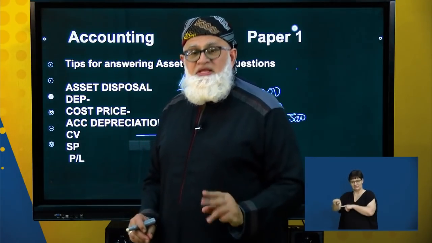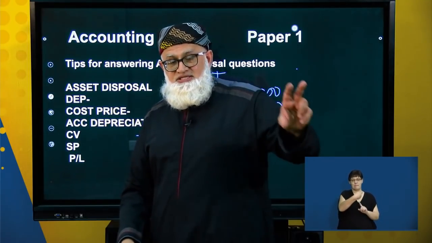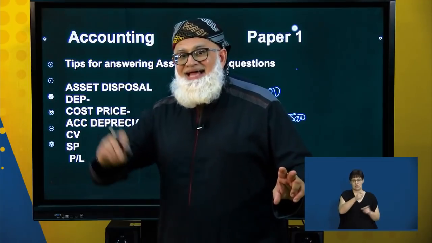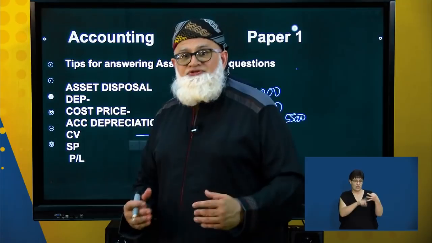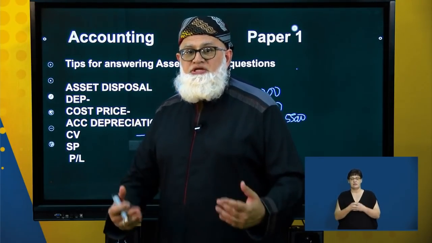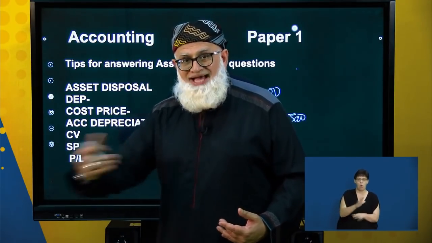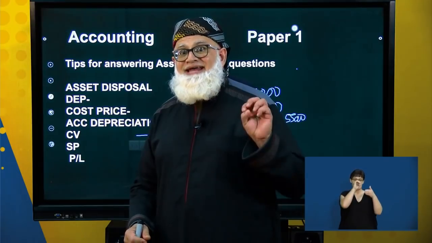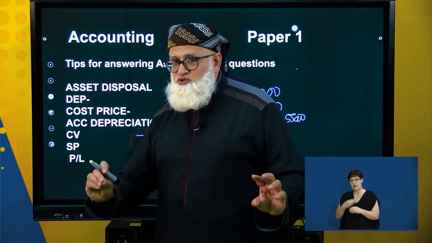Number 2, if you sell on credit, debit debtors control, credit asset disposal. Number 3, if we trade in the particular asset, we're trading it in on a new vehicle or a new asset. It's a debit to creditors control and a credit to asset disposal.